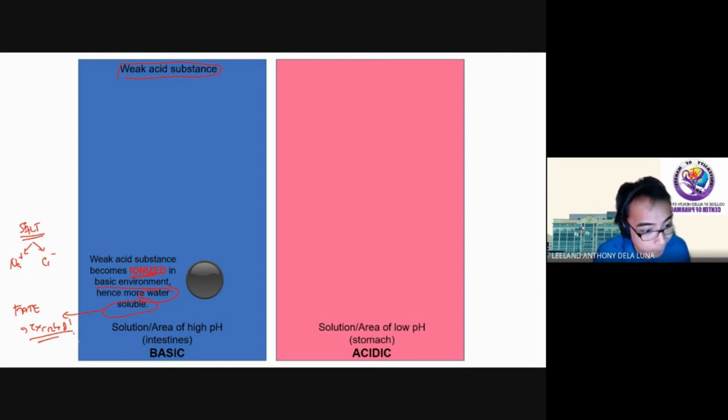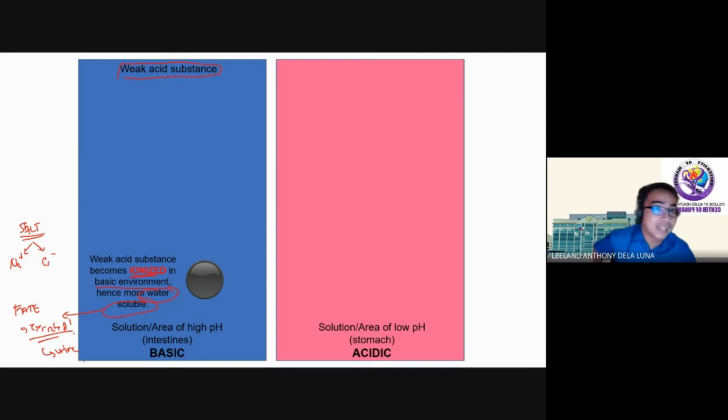Kasi water soluble siya. Mabilis siyang sasama sa urine. Dahil saan ba gawa ang wiwi natin? Gawa ba ito sa mantika? Our urine, class, is not made of oil, it's mostly made up of water. At dahil water soluble na yung gamot ko, nag-exist siya in its salt form, mabilis na lang siyang sasama sa urine, mas mabilis na excrete.